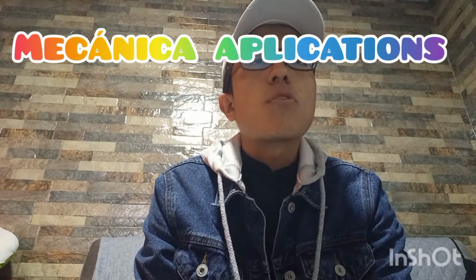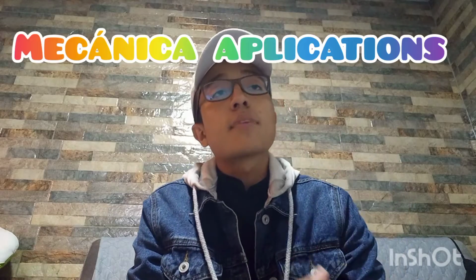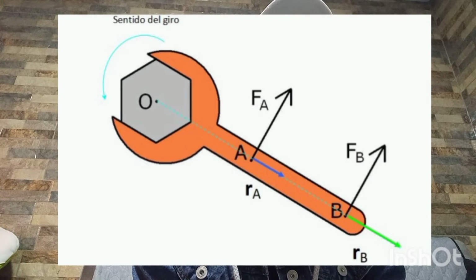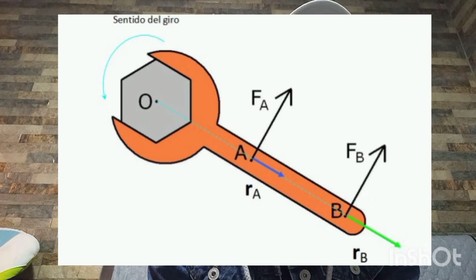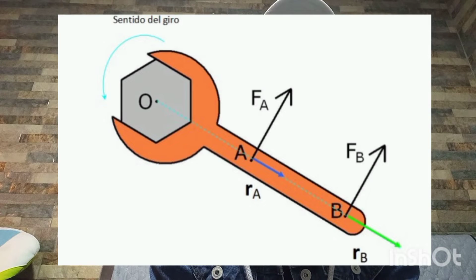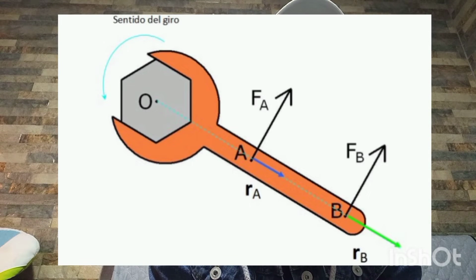An application in mechanics is, for example, in the figure a wrench with which a torque is applied in the clockwise sense. For this, it is tested with two forces, FA and FB. FA is close to O and has a shorter lever arm, the vector rA.